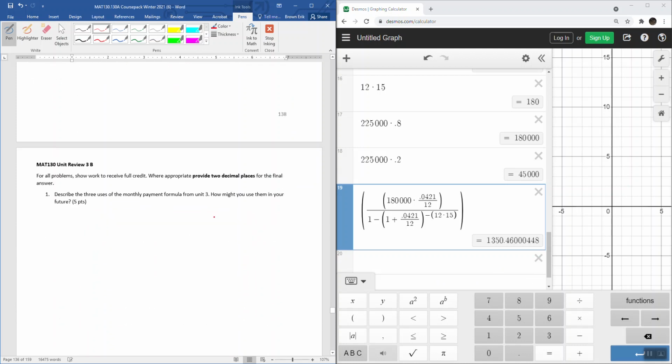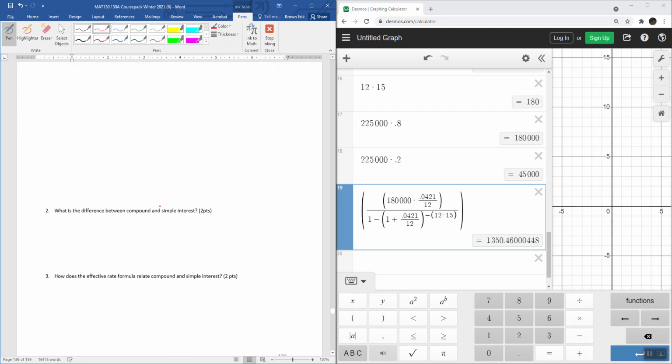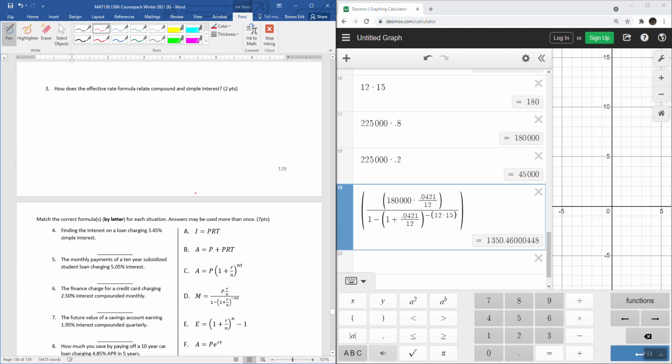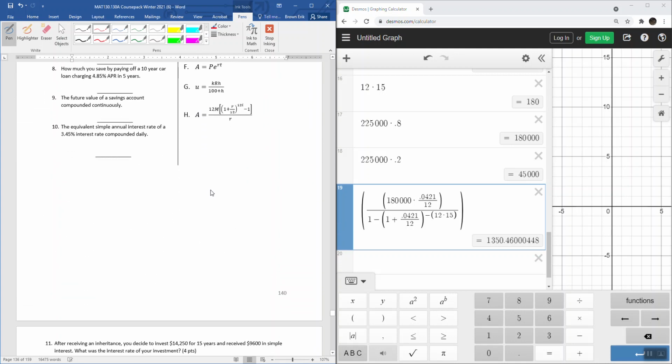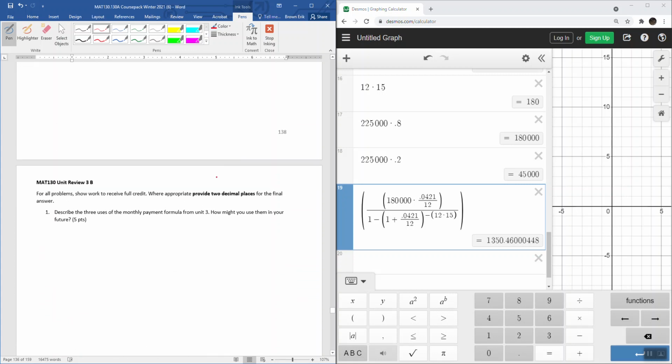Enjoy this review here. I don't know if I've told you all this yet, but when I write the final exam, I will be pulling questions, writing questions very similar to what you're seeing on these reviews or in the worksheets above. In the final exam, probably like 75% of the questions will be from Units 3 and 4, and 25% will be from Units 1 and 2.